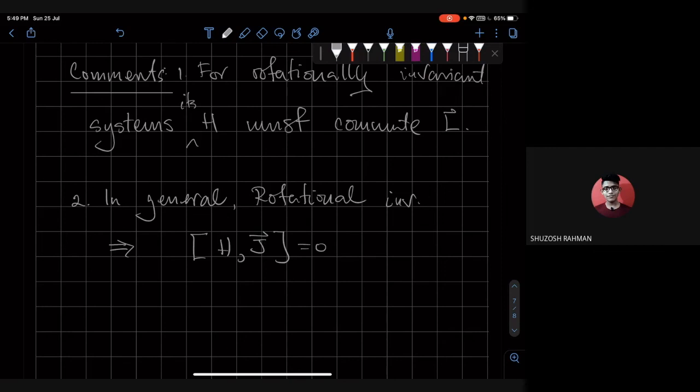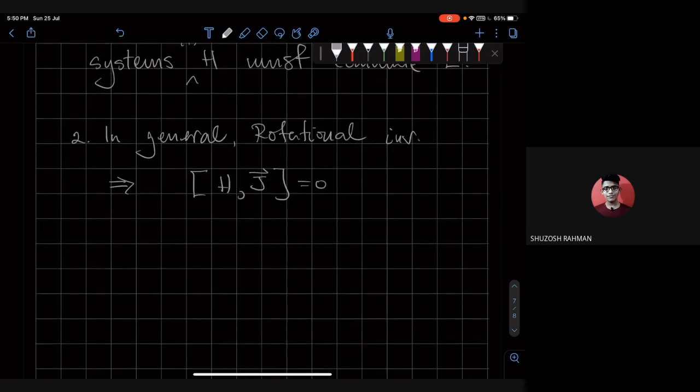So for example, a system doesn't have to be rotationally invariant around all the axes.